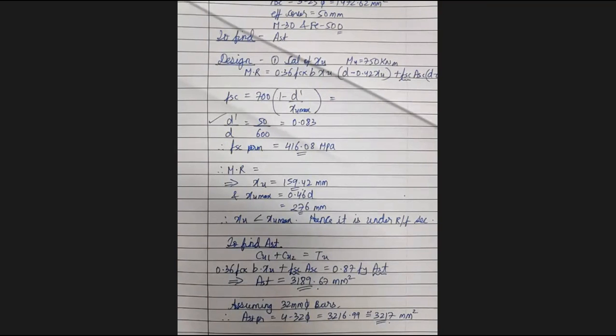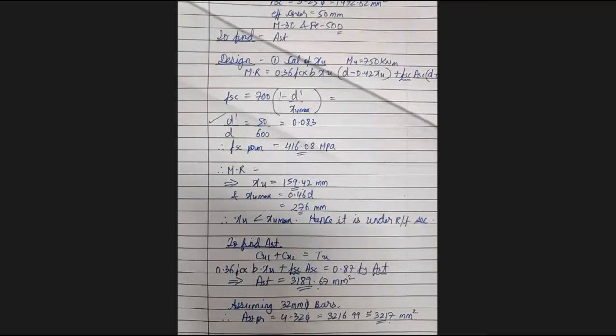Okay. Now after this, all of you pay attention. After this, if we go for the check, when you're doing the check to find out XU, what you can do is, in the previous problem, instead of FSC, we had taken the actual equation of FSC in terms of XU, correct?